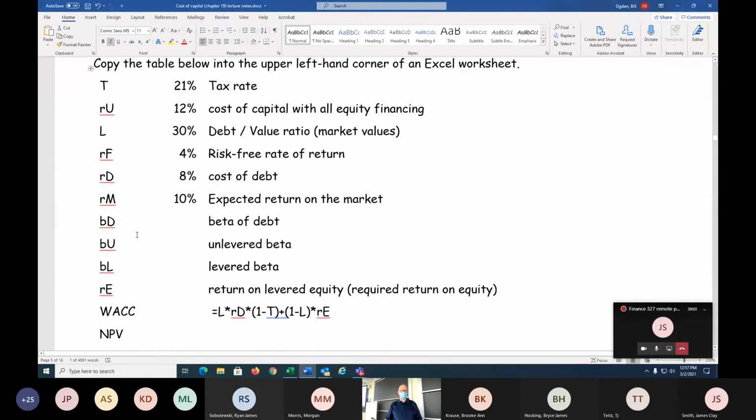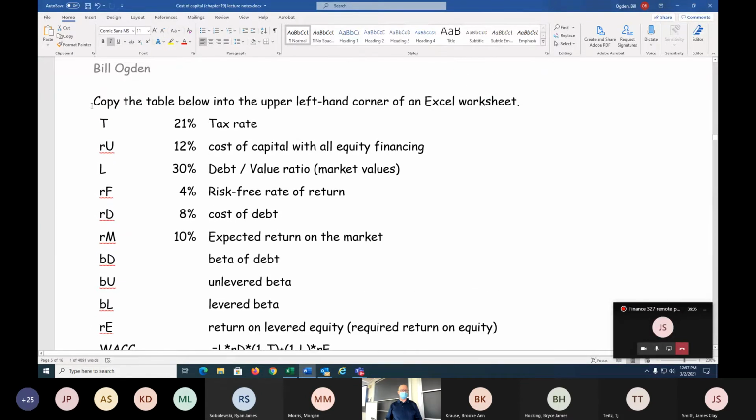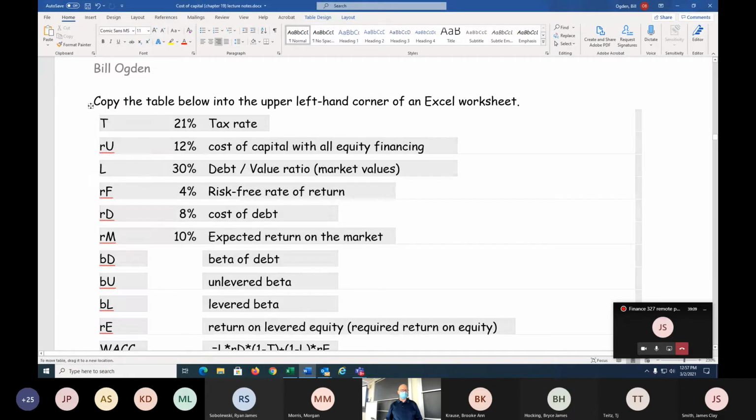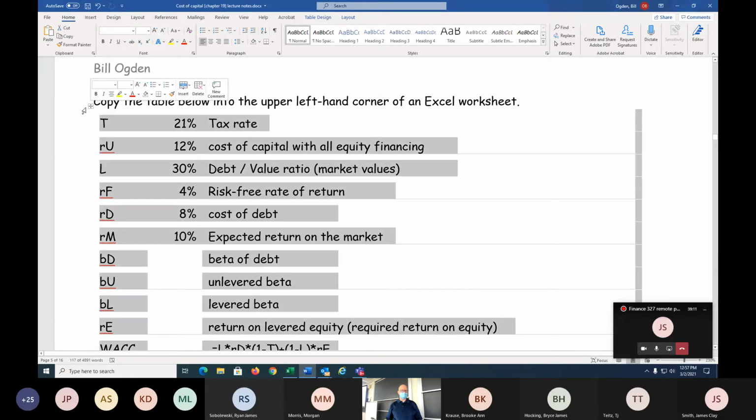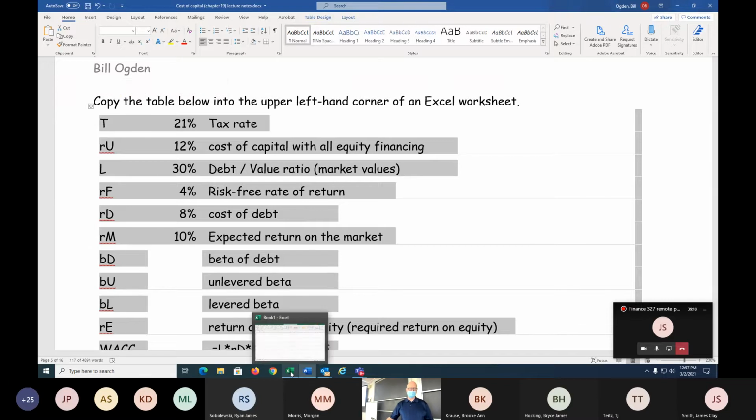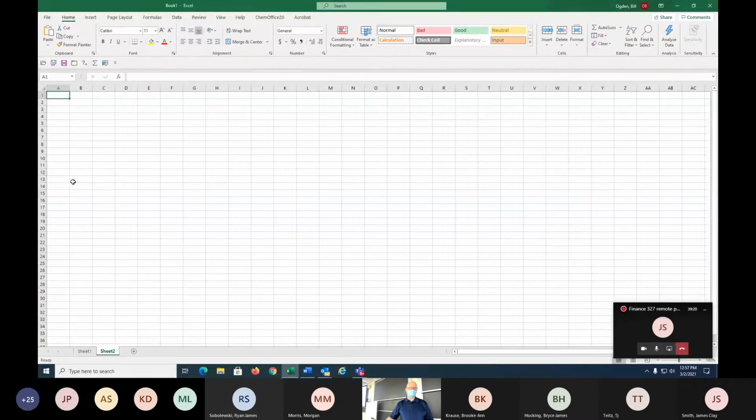All right, and what I'd like you to do, of course, is just follow what I've been doing mostly this semester. Let's copy this table, and let's drop it into an Excel file. And let's put it just so we're all in the same cell location. Let's insert this into the upper left-hand corner.